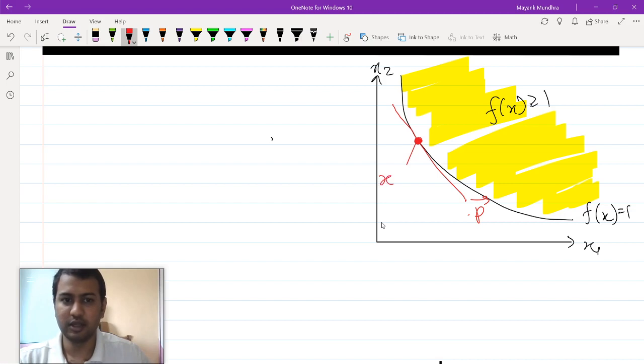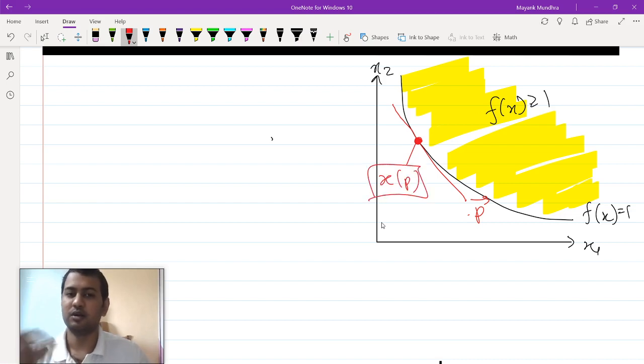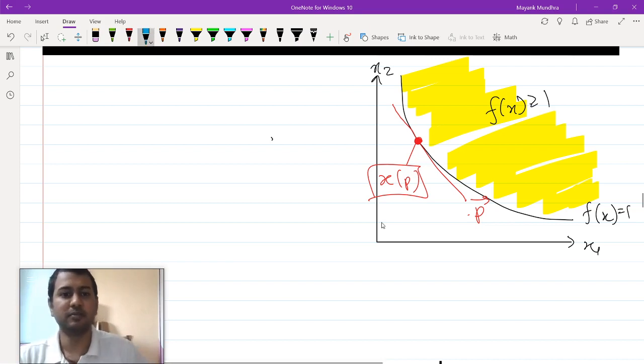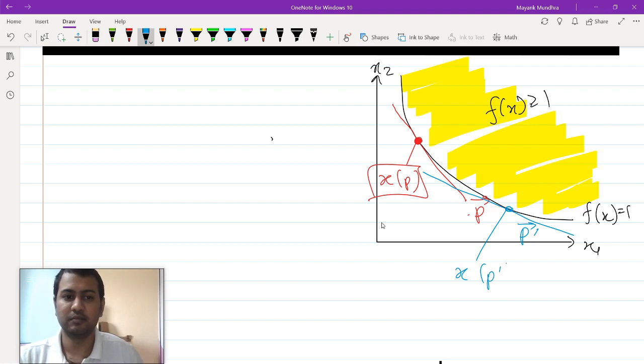So this is your x of p, and then p dot x of p becomes just the expenditure. For different price vectors you will have different bundles. So for some other price vector p prime, you will have this as your x of p prime.